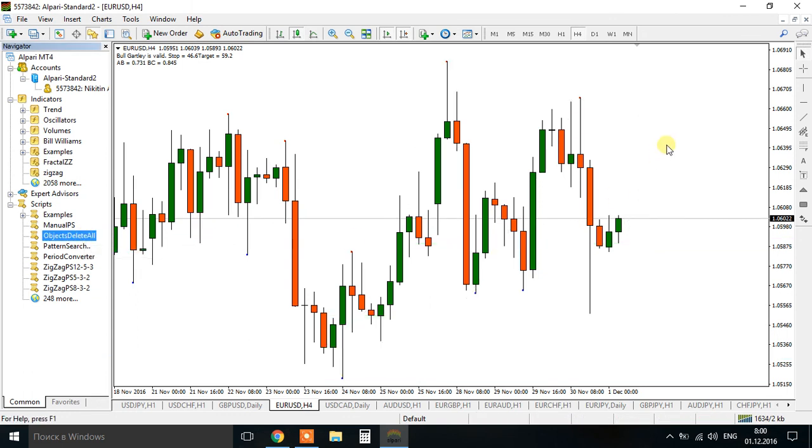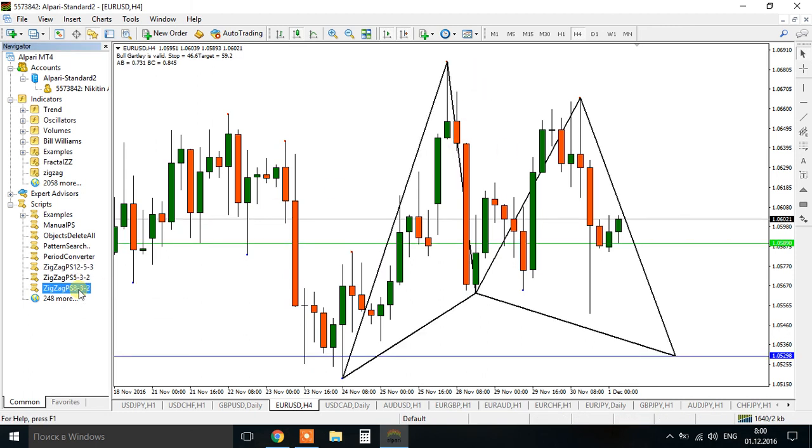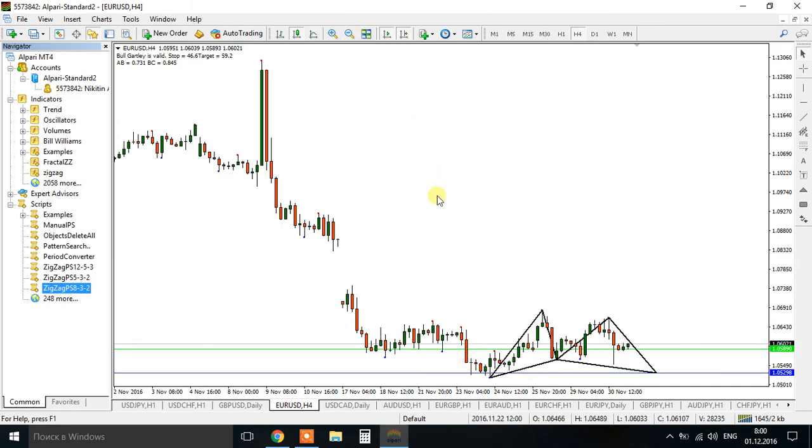Okay, another way to do that without drawing is to run my automatic scanning programs. If we run this, we have a Gartley pattern in the medium swings analyzer.